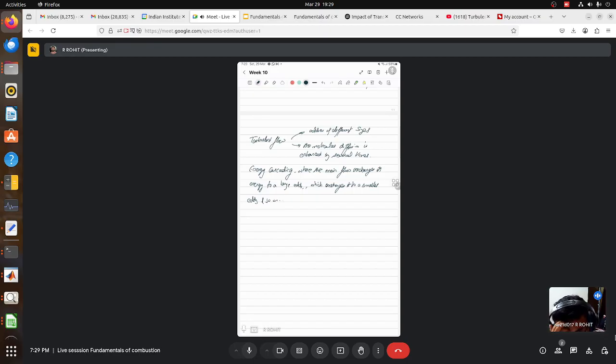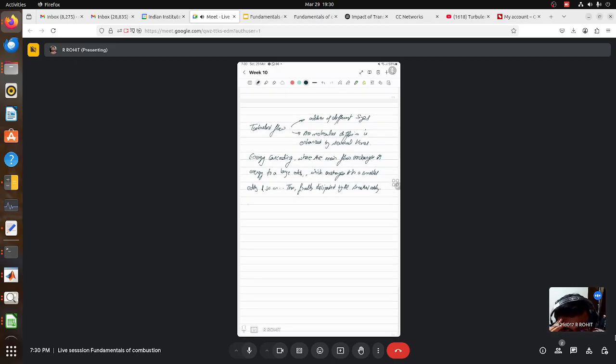So it goes up to the smallest eddy possible. Then finally it is dissipated by the smallest eddy, where your viscous forces start to dominate.